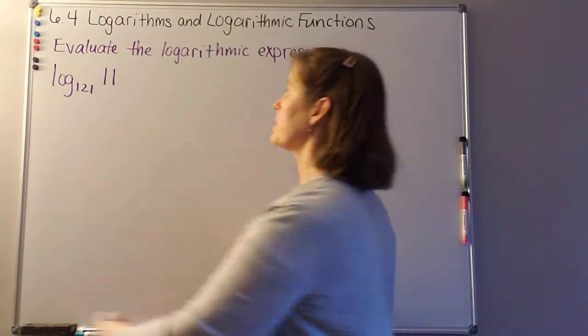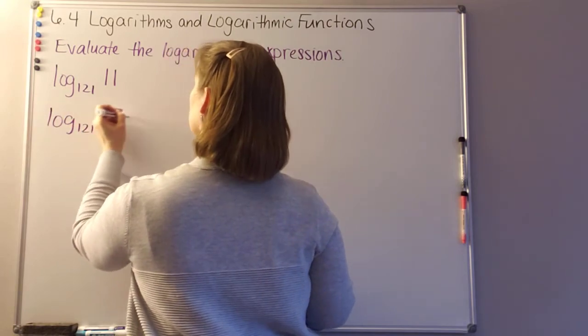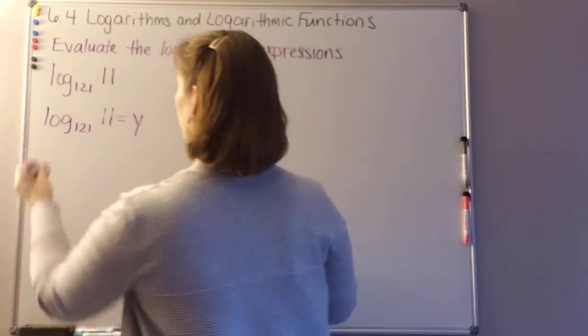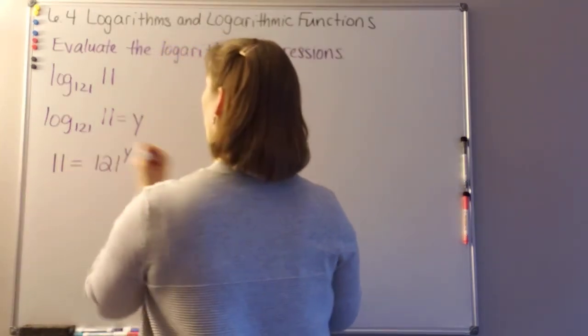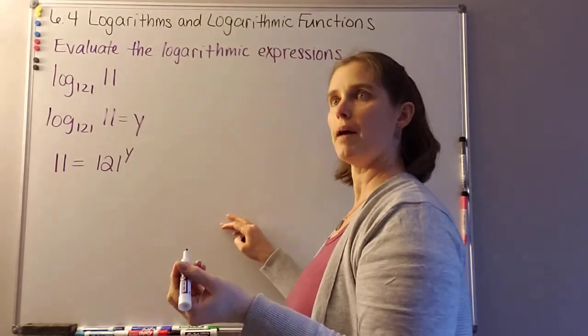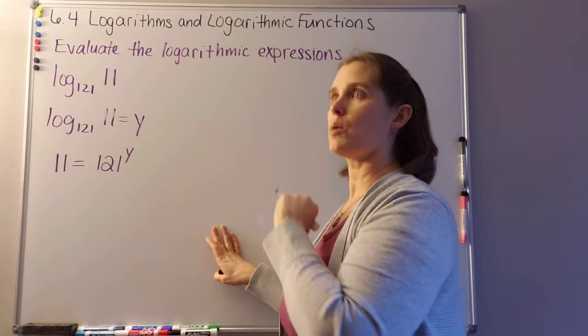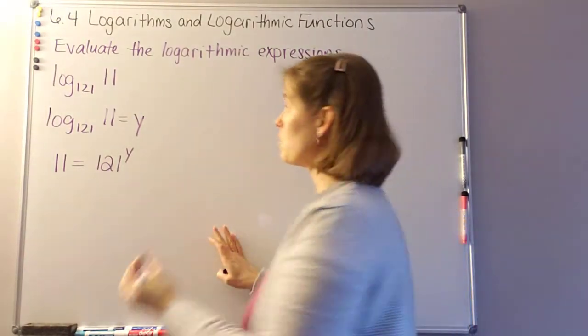So we're going to do the same process. Set it equal to y. Write it in exponential form. 11 equals 121 to the y. To get matching bases, I can break 121 down. 121 is actually 11 squared.